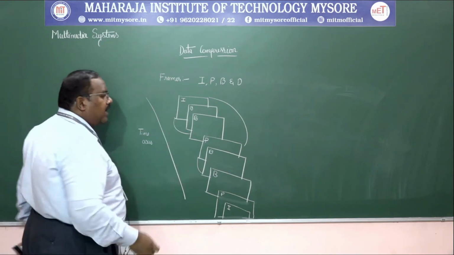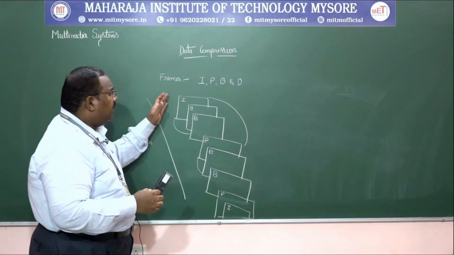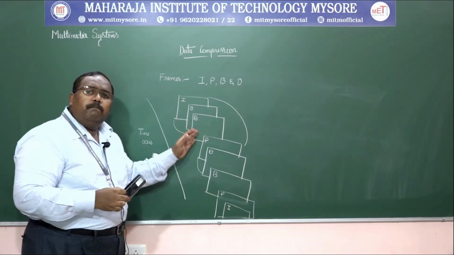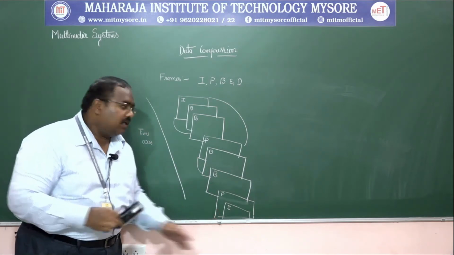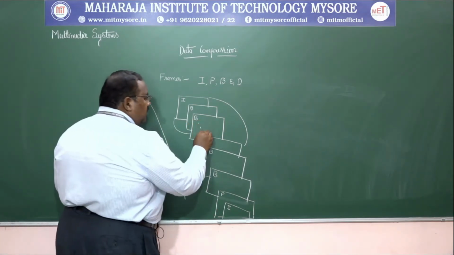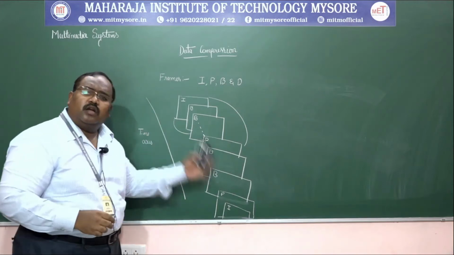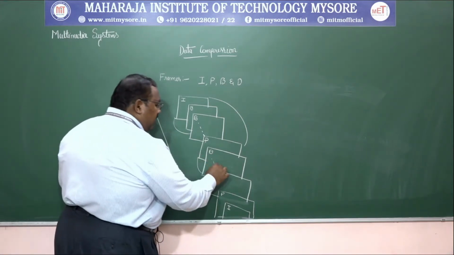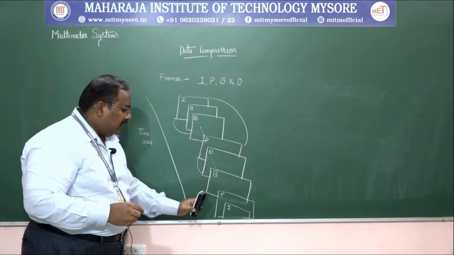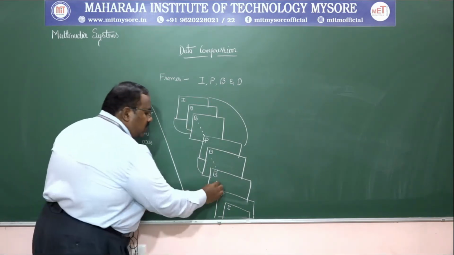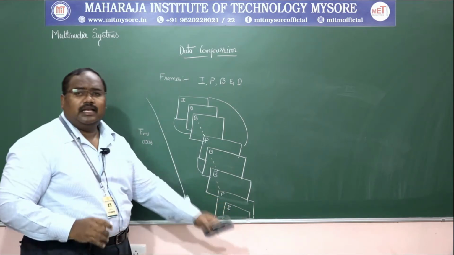So over a period of time we encounter I, B, B, P, B, B, and it continues. We can make a dotted line, meaning there are a lot of other frames. Just for convenience, I have drawn only the required frames, and there might be some more frames between the P and I frame.